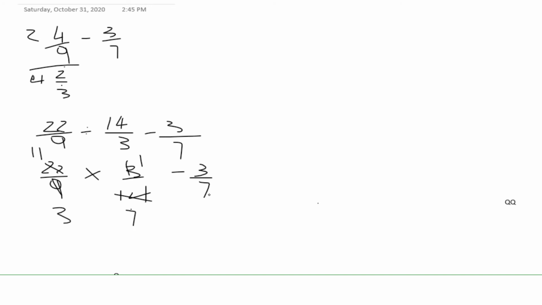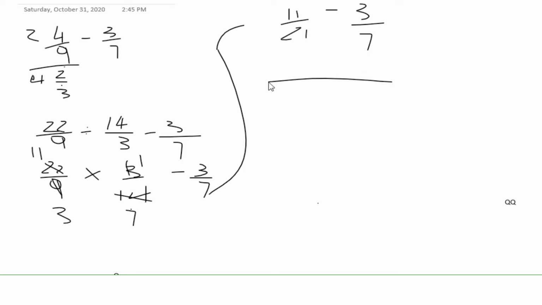Okay, so that leaves us with 11 over 21 minus 3 over 7. The next step is to find the LCM, and that's 21.